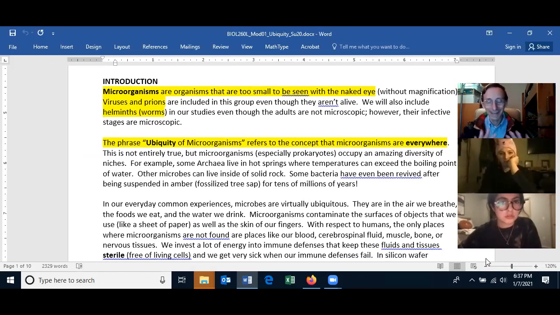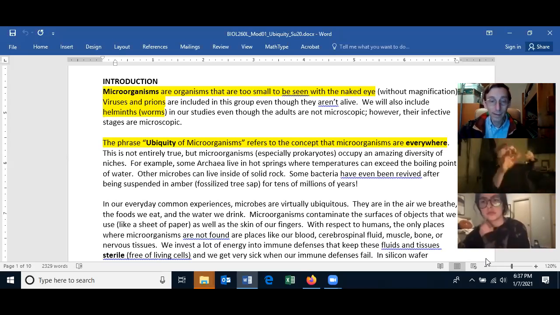We're not going to get into that argument. Helminths also fall under a microorganism, and by that we mean worms, and the infective stage of worms are microscopic, as well as the early stages of worms. And microbiologists study worms, helminths, because they cause human disease. Any question about any of that?